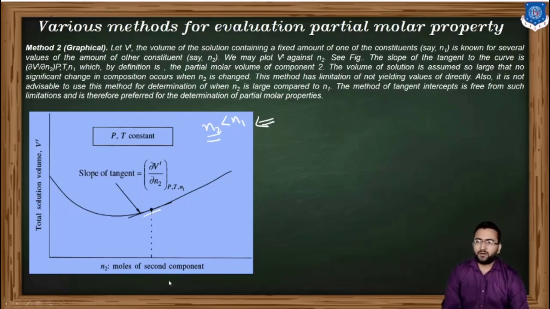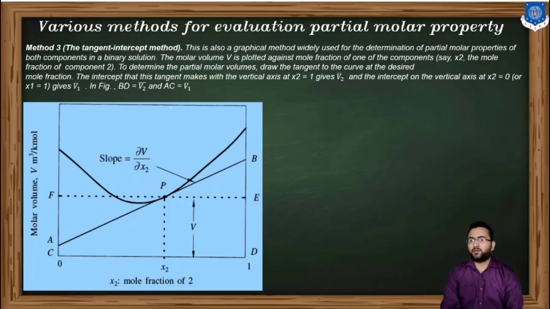If we want to find the partial molar volume, we take the slope on the graph of Vt versus N2 at the point for this mole amount, and using this slope I can find del Vt upon del N2 at constant pressure, temperature, and N1. So this is how this method is used.